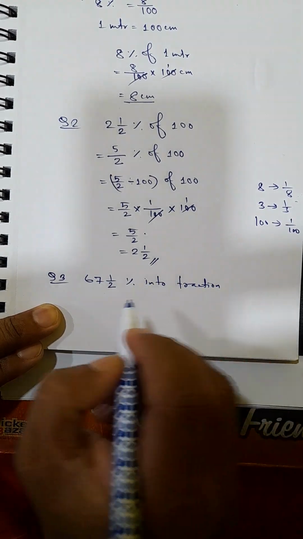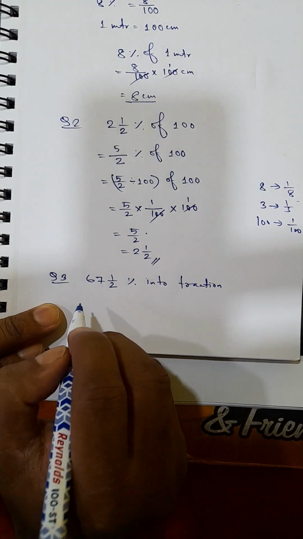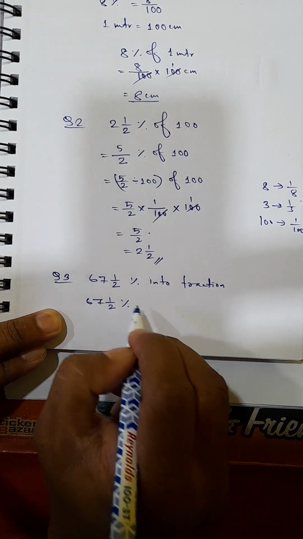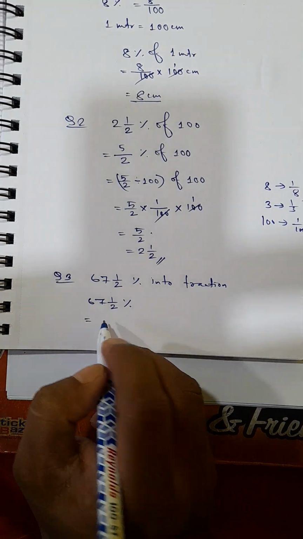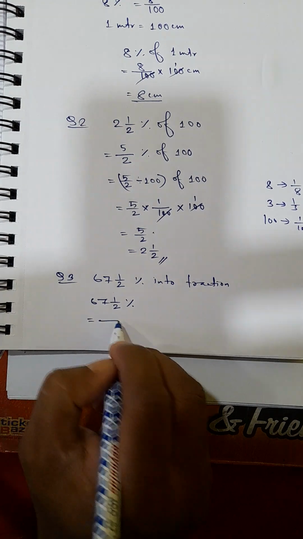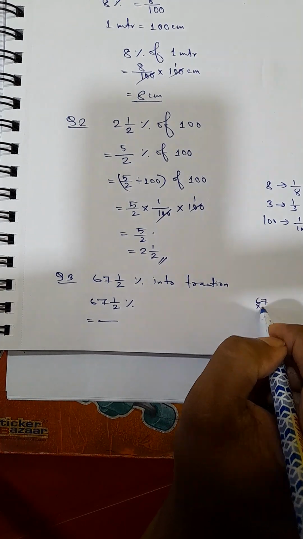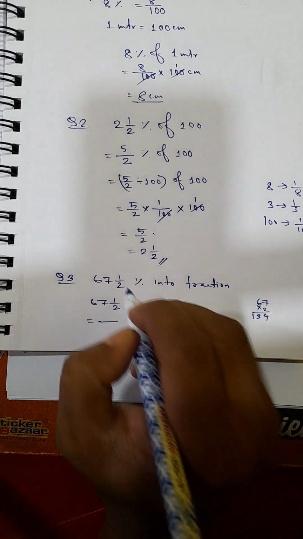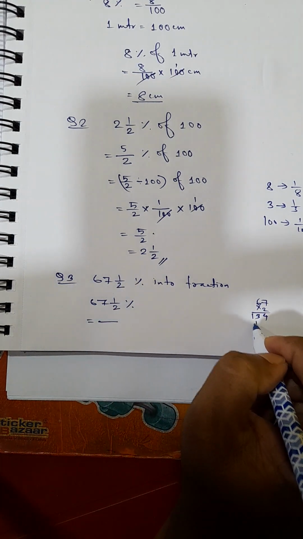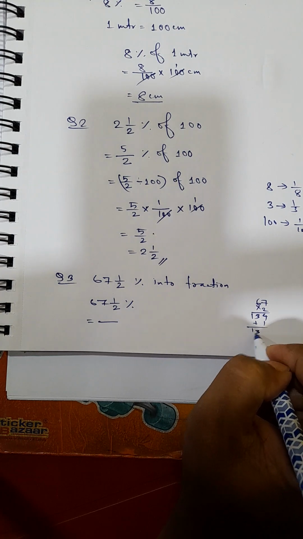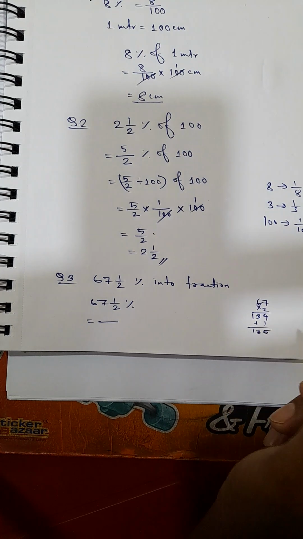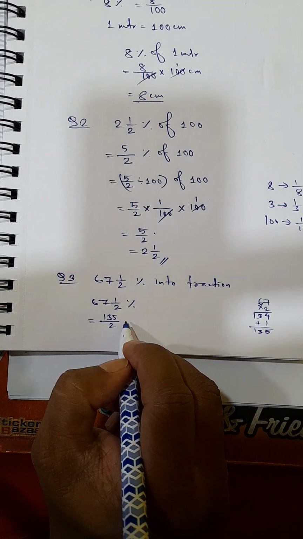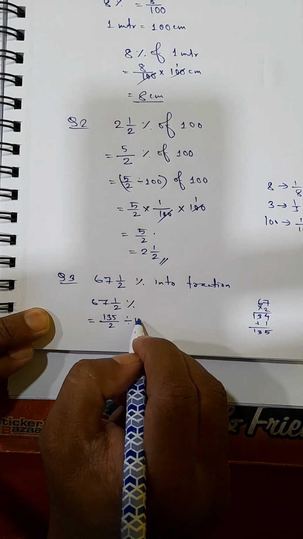How to change 67.5% into a fraction? 67.5% equals, you convert this into an improper fraction: 67 multiplied by 2 plus numerator 1. This is 135. So 135 divided by 2 percent. Percent means divided by 100.